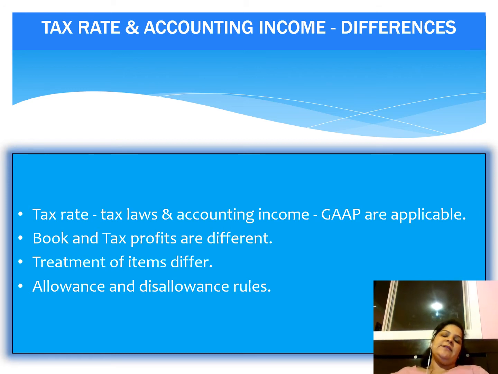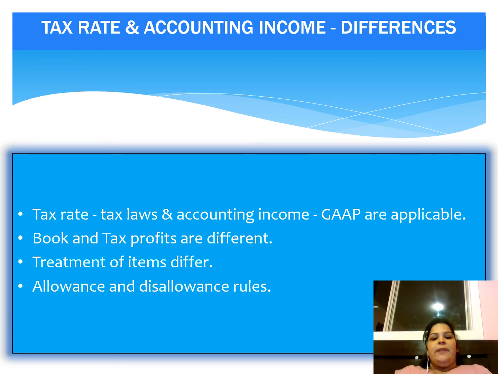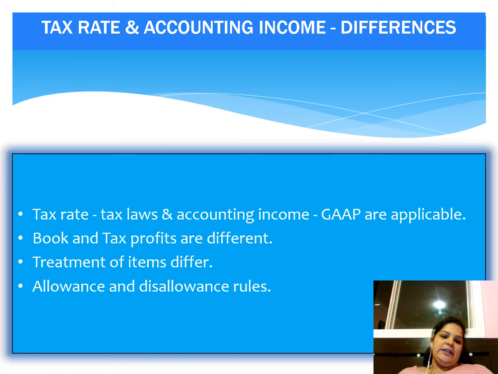Okay, next slide is the tax rate and the accounting income difference. The first difference is tax rate minus tax law, and accounting income is where GAAP is applicable, like GAAP approvals. The second is the book and tax profit difference, and the treatment of items differs, with two rules: first is allowance and disallowance.